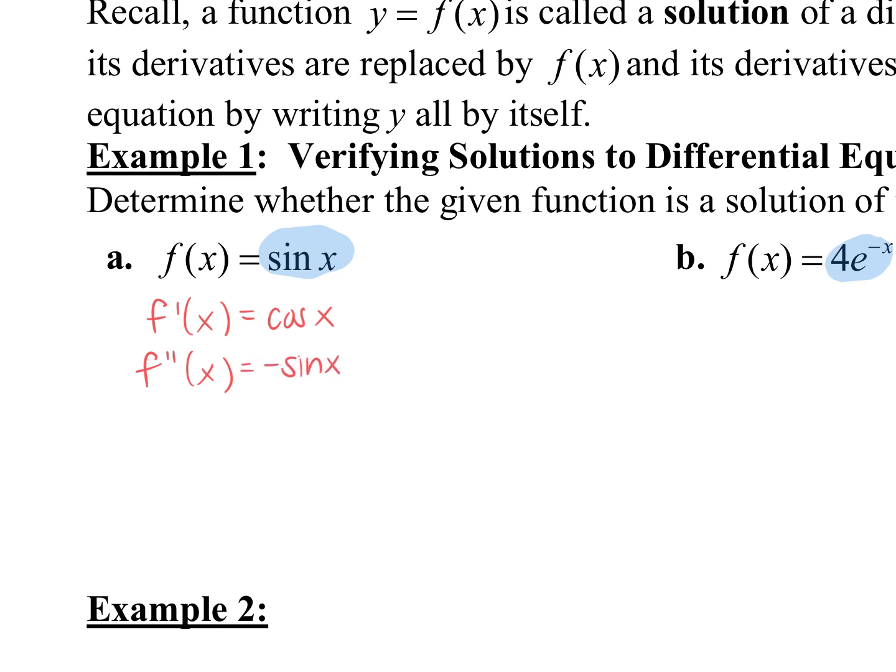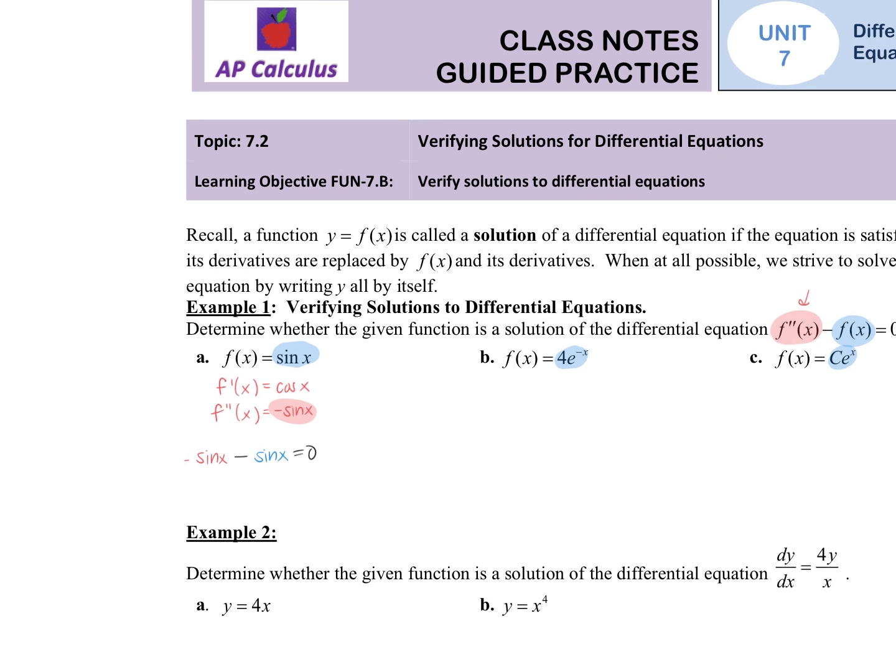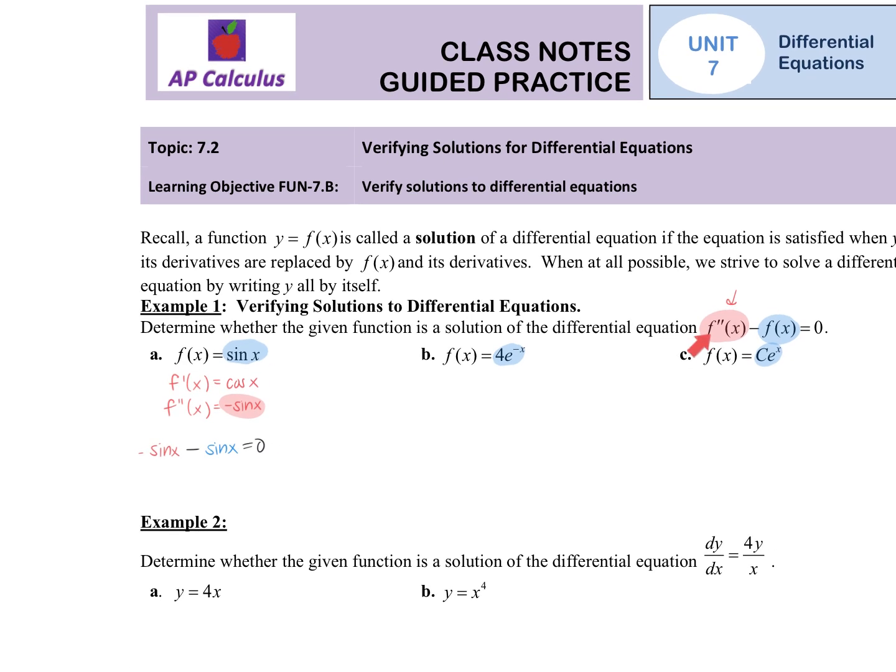Okay, so now I'm going to plug this and my sine of x into the function that we were given for our differential equation. So I've got my f double prime, so that's negative sine of x, and then minus my f of x function, which is sine of x. And that equals 0. That's what we're checking. Again, this is from this equation over here, our differential equation.